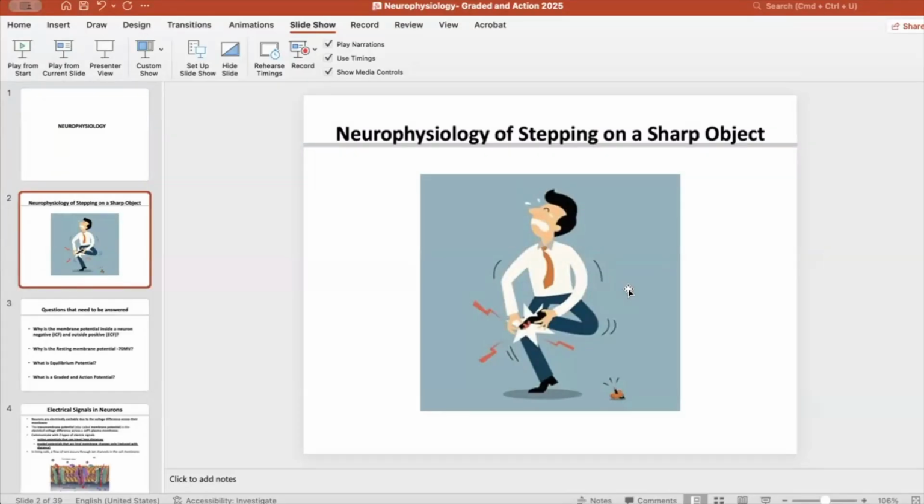For example, in this cartoon, the person actually stepped on a nail, and the pain receptors took that information through the peripheral nervous system, which are the spinal nerves, to the spinal cord, where a spinal reflex took place. As a result, the person removed their foot immediately.